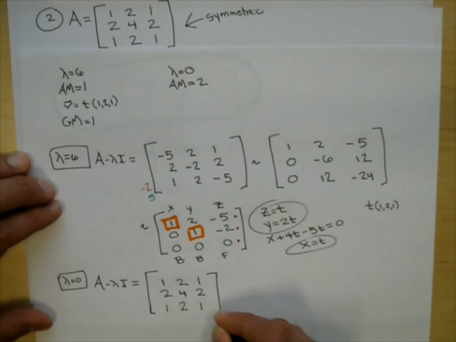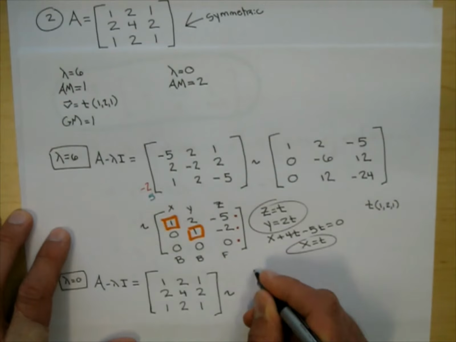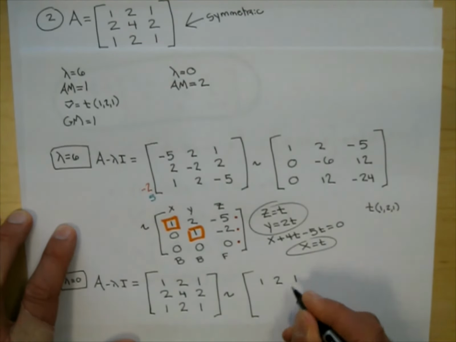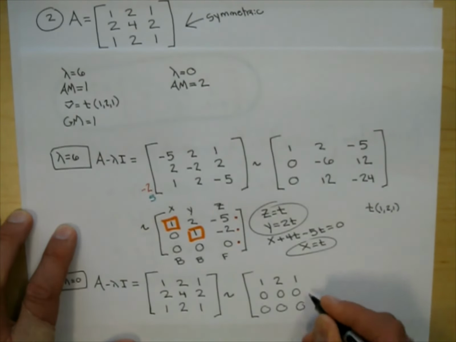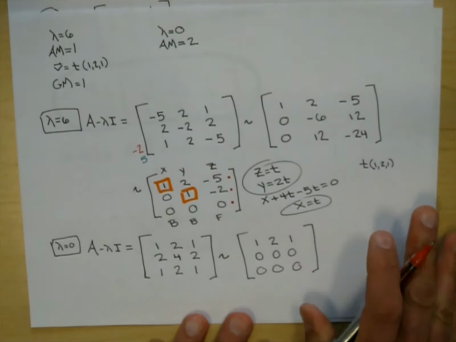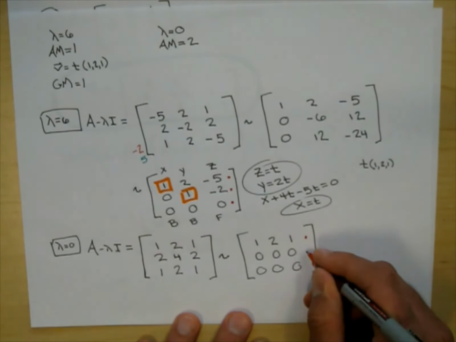We can clearly see that we have rows that are multiples of each other. So when you reduce it, you get 1, 2, 1, and zeros everywhere else. What am I trying to find on this matrix? I'm trying to find the null space of A minus lambda I.